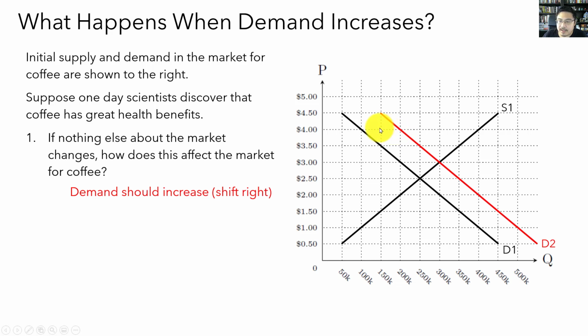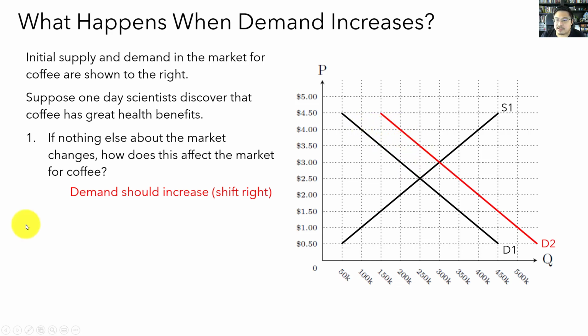For this particular shift, for every price level, the quantity is increasing by 100,000. So if we look at $4 here, the initial demand curve shows that quantity demanded was 100,000, and the new demand curve shows that the quantity demanded was 200,000. So at every price level, an additional 100,000 quantity is being demanded.